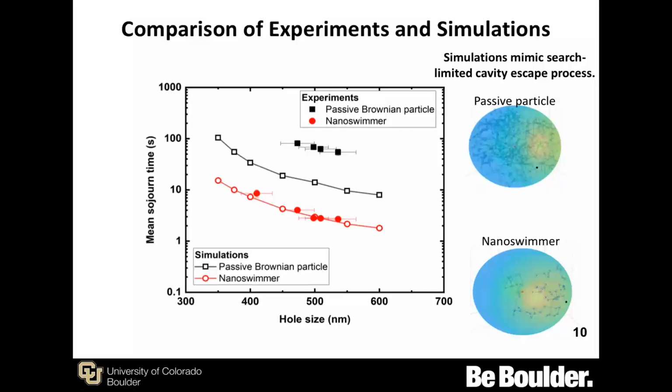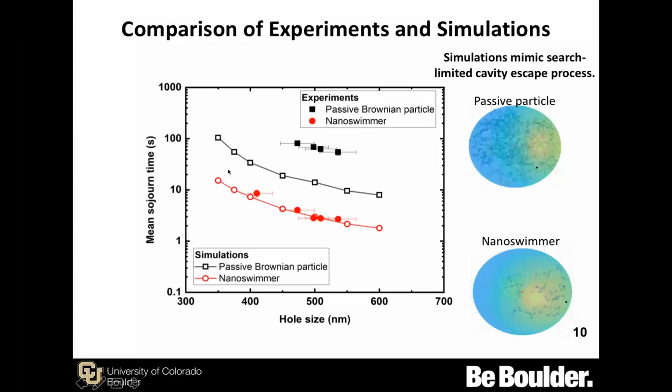We also did Monte Carlo simulations, using the experiment data as input to see how fast a particle will transport inside this structure. We can see that we are able to simulate the result of the Nanoswimmers very well.